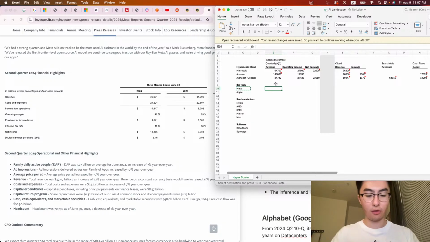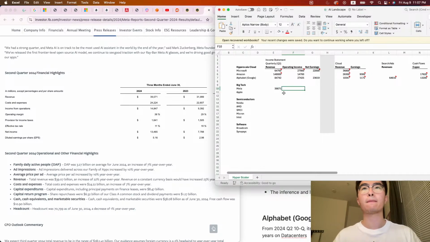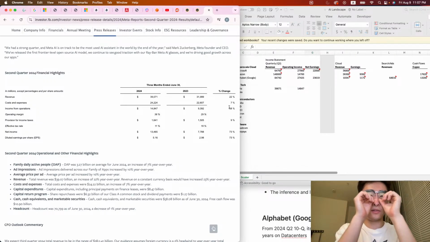Revenue was 39,071. So 39 billion, up from 31 billion. Nice. It's a 22% change, year over year. Operating income, so 14,847. Wow. Yeah, that is a big jump also year over year from 9,000. Yeah, it's a 58%.